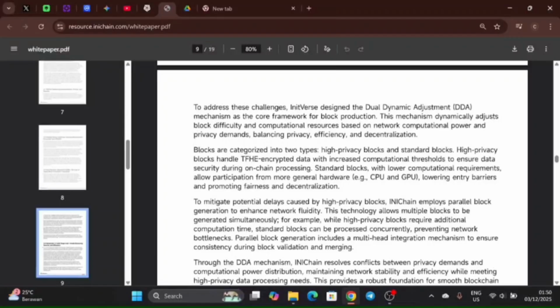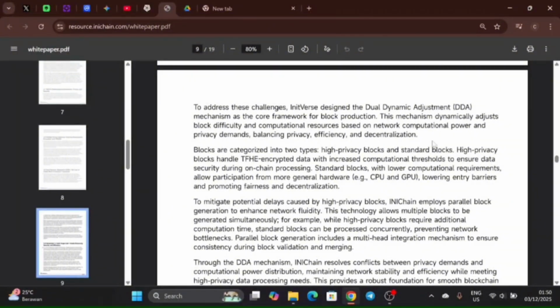As one of the core frameworks for block production, this mechanism dynamically adjusts block difficulty and computational results based on the network computational power and the privacy demand, balancing privacy, efficiency, and decentralization.